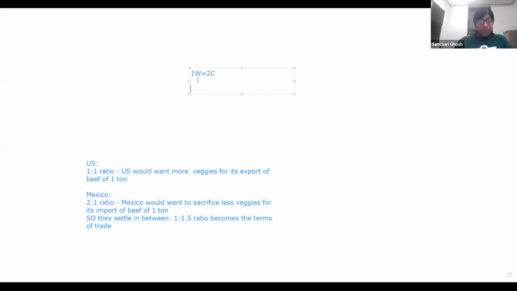Whereas Japan's domestic cost ratio was 1 cheese equals 4 watches.